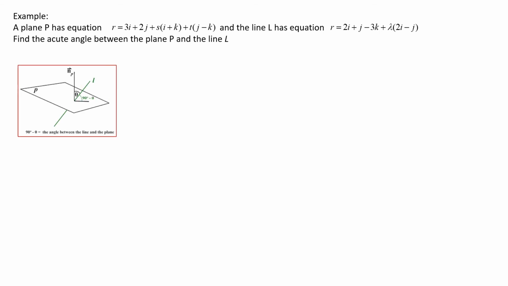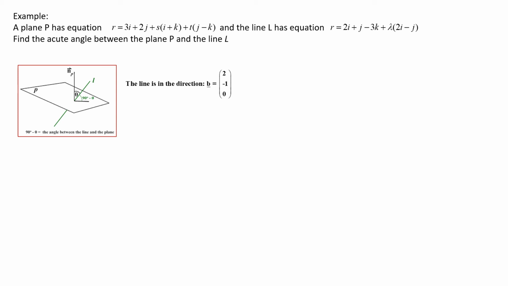So if you want to find the angle between the line and the plane, you must know the normal, you must know the direction of the line. The direction of the line can refer to the equation here, and this part 2i minus j is the vector that is parallel to the line here.